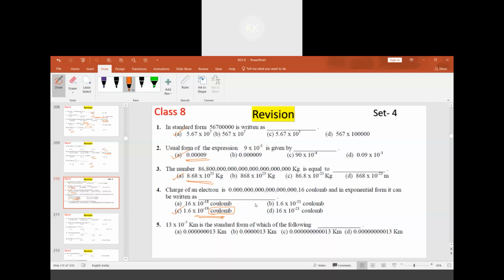There is something called the gravitational constant. There is a gravitational law: between any two masses, there exists gravitational force. 6.67 into 10 to the power of minus 11 is the value of the gravitational constant.